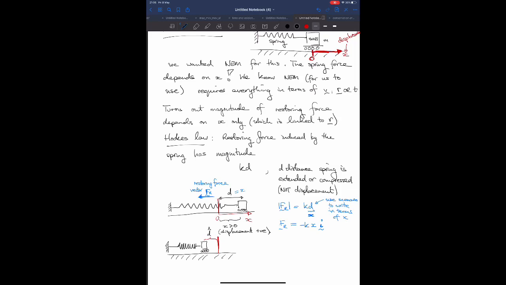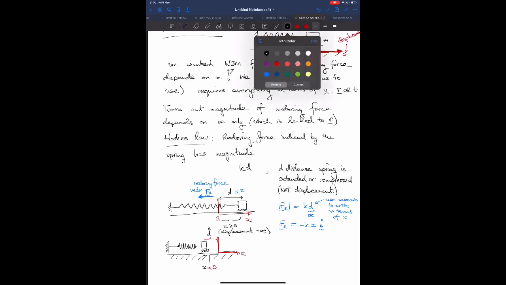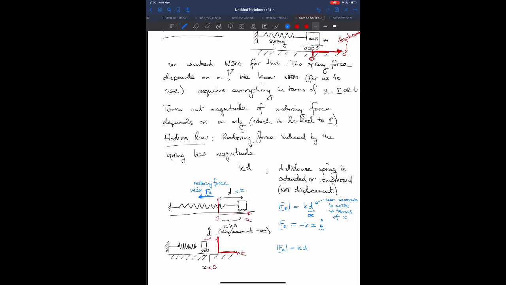So this is now our distance, and the displacement x in this case is negative, because our positive displacement is to the right. Again, I know that the magnitude of the restoring force due to Hooke's law is k times d.